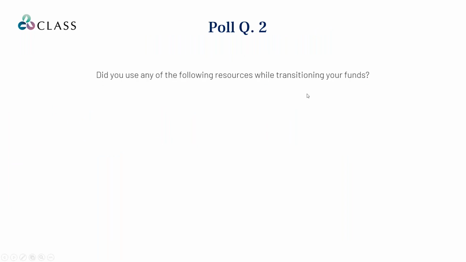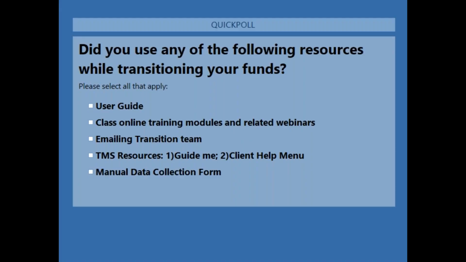Okay, so we're going to quickly do another poll. In this poll, I'm just going to ask you whether you used any of the following resources while you were transitioning your funds. You can pick more than one. Have a look at the answers. Did you use a user guide? Did you use the Class online training modules?